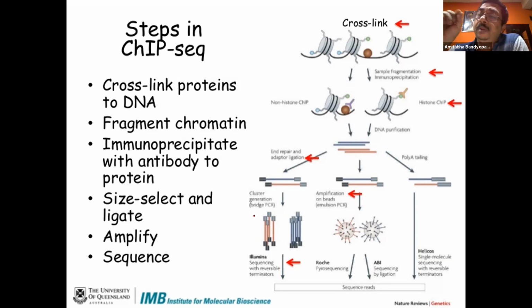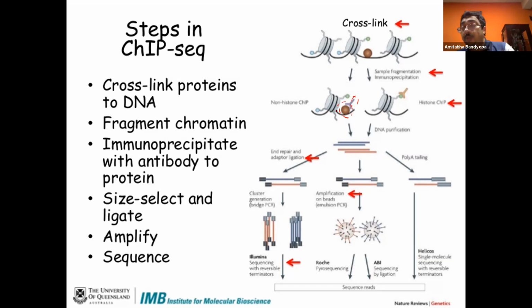It's very simple. Antibody will bind to the transcription factor, and the antibody can be further bound with a secondary antibody, or the antibody itself can be tagged with something like agarose, which is insoluble. So you will simply spin it out. The agarose will come down, but that is covalently linked with this antibody, which is in turn very tightly linked with the transcription factor, which in turn is bound to the DNA.